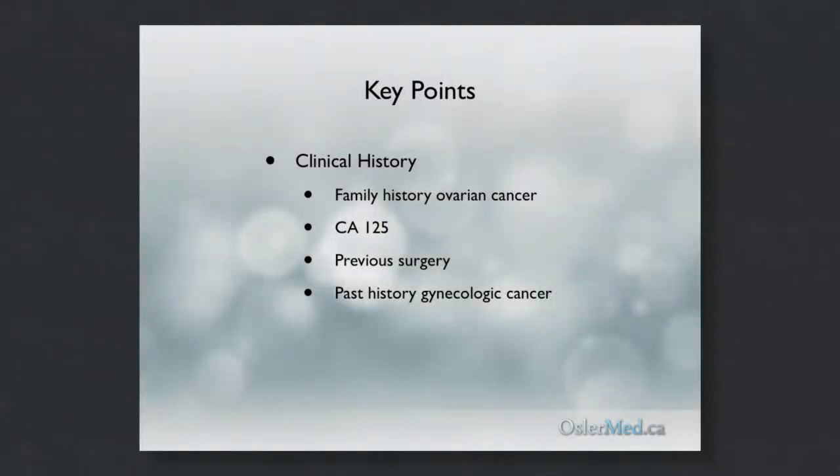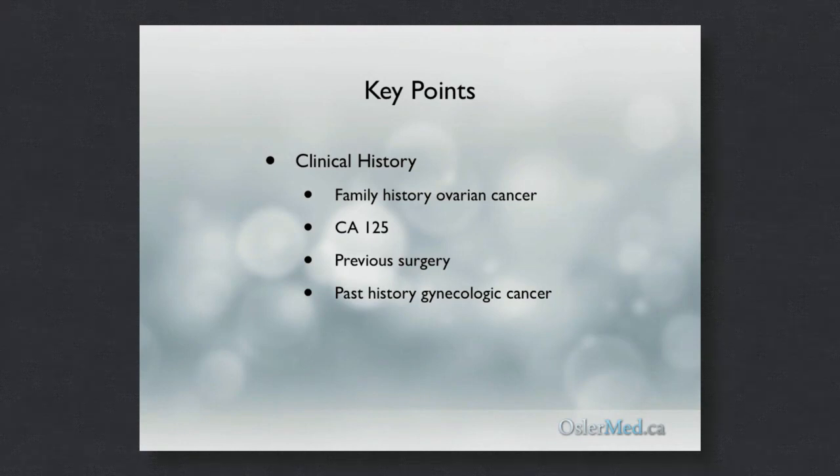Is there a history of infertility or dysmenorrhea, which might suggest diagnoses such as pelvic inflammatory disease or endometriosis? Is there a family history of ovarian cancer? Is the CA-125 elevated, a blood marker for ovarian cancer, although it's not highly specific?